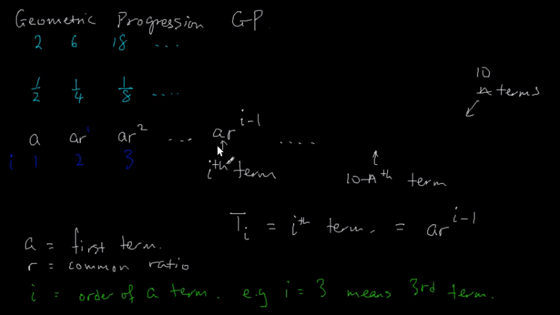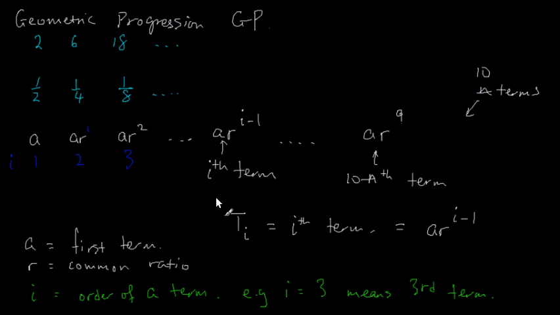Then the last term in terms of a and r should be a times r to the power of, right? We know that the power is always 1 unit less than the ordering of the term. So if we are talking about the 10th term, the power of r should be 10 minus 1, which is 9.